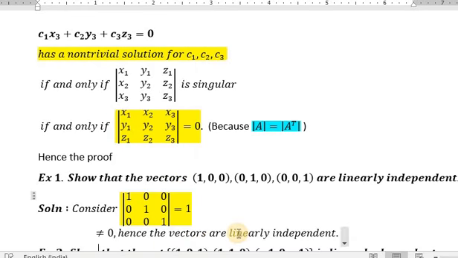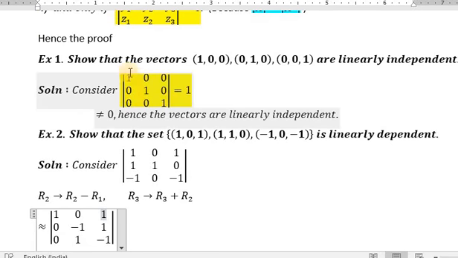Example 1: show that the vectors (1, 0, 0), (0, 1, 1) and (0, 0, 1) are linearly independent. By the previous result, if the determinant is equal to 0, then they are linearly dependent.